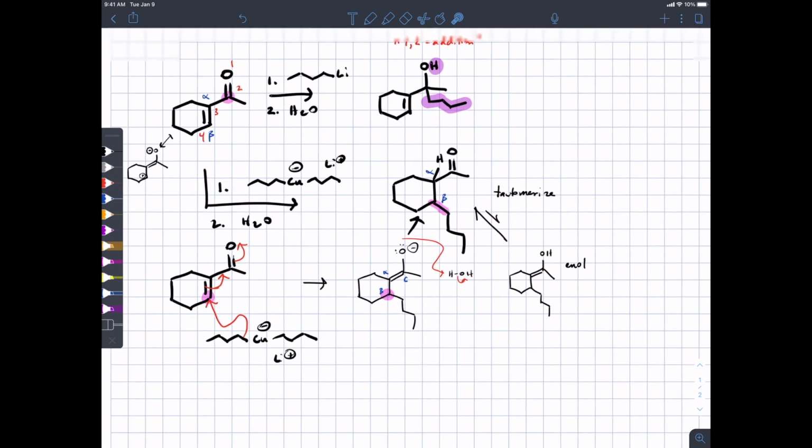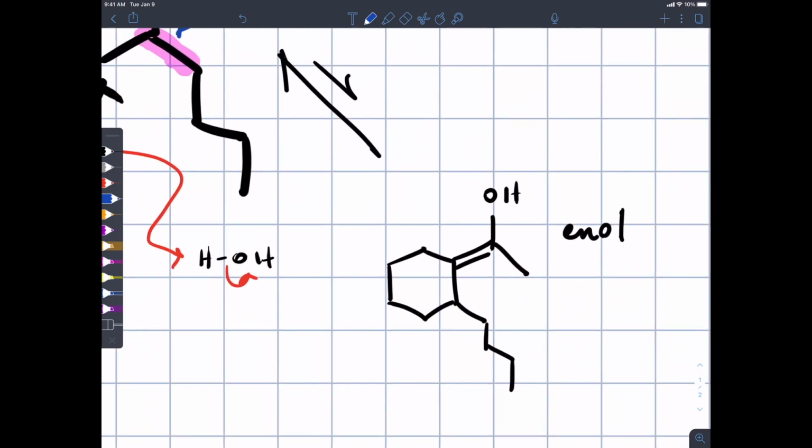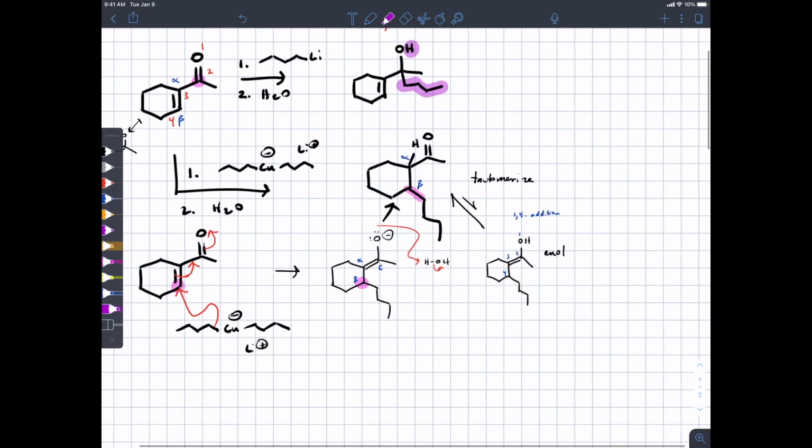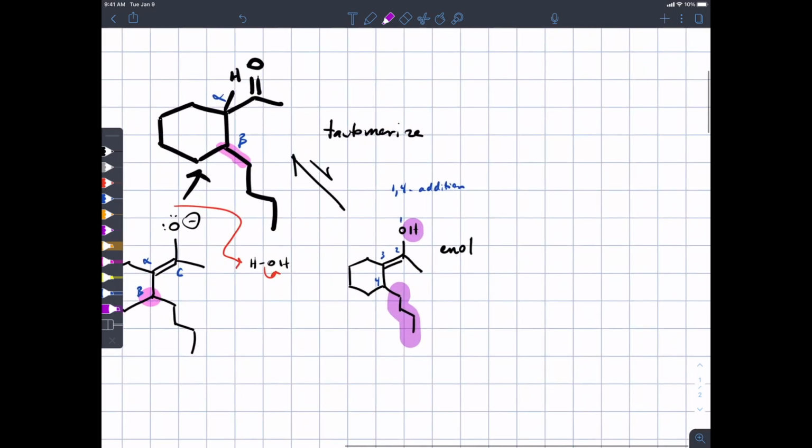The reason your mechanism does this is because that's what actually happens, but the other thing is that it helps you see why addition to the beta carbon is sometimes called 1,4 addition. Because if you think of what we added relative to the starting material, we added this group here and we added the hydrogen. That's the 1 and the 4. Okay? Sometimes instead of calling this 1,4 addition, people will call it conjugate addition.